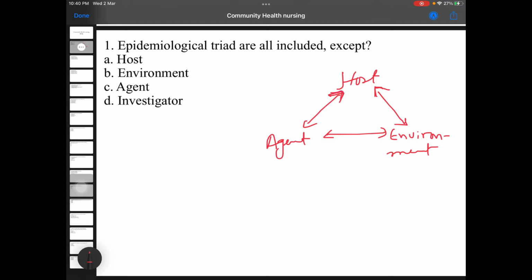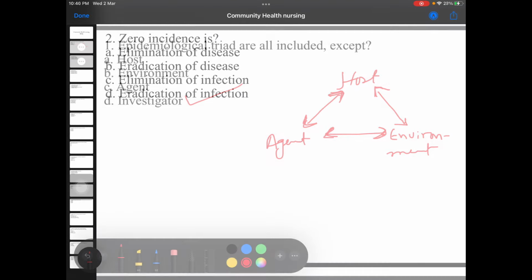All these three factors depend on each other for the causation of disease in the susceptible host. Here the question says all are included except. So here, option D, we can see investigator is not included in this epidemiological trait. So the correct option is option D.